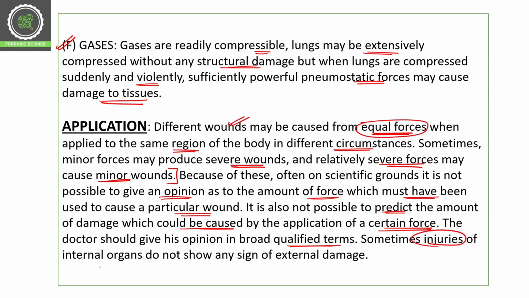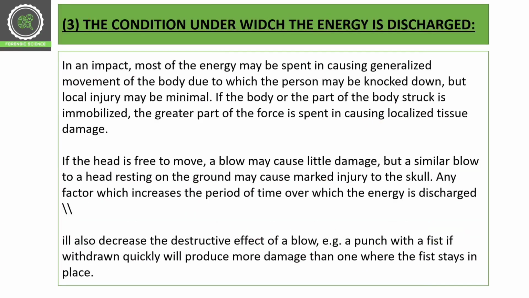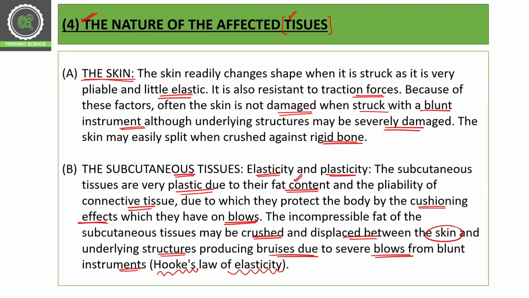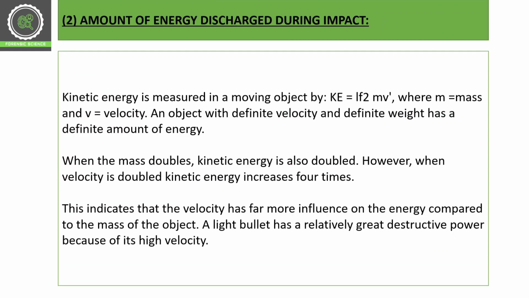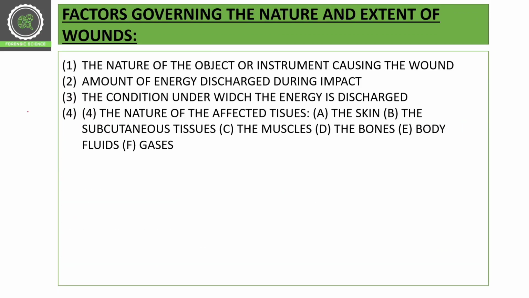Sometimes injuries of internal organs do not show any sign of external damage. Okay, I am saying this again and again, so it is evident by now. So that's about today's class, everyone. This is the fourth point, the nature of the affected tissues. So we are done with all these 4 points.